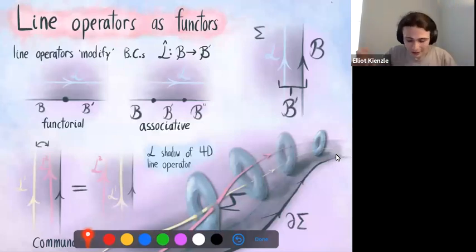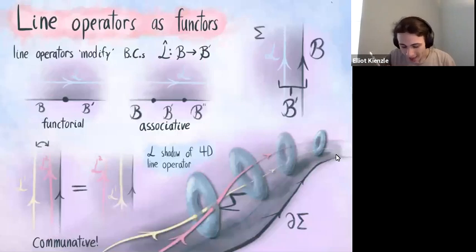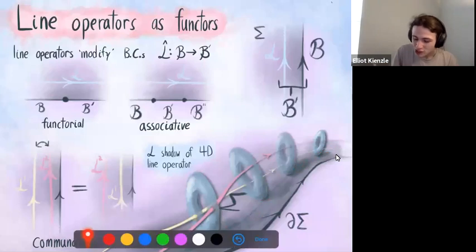Well, this is the cool thing, because remember, we didn't start with just a 2-dimensional theory. Our 2-dimensional theory is an effective theory for a 4D theory, right? And these line operators that we get here on the 2D theory are just shadows of different line operators coming from the 4D theory that live not only on sigma, but cross this compact Riemann surface C.